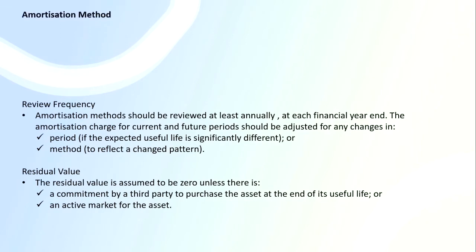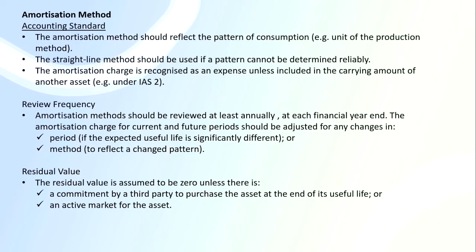For the amortization period and amortization method, according to the accounting standard, the amortization should reflect the pattern of consumption. For example, for a machine, we use the unit of production method.